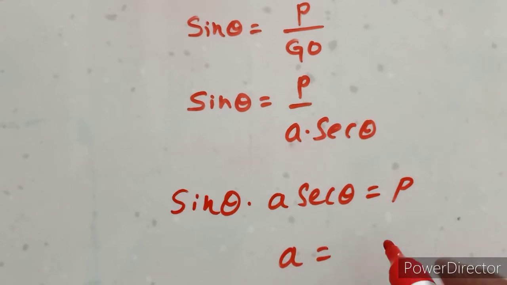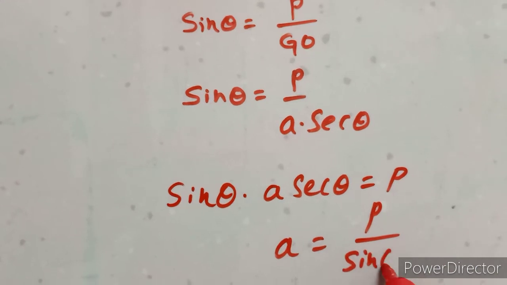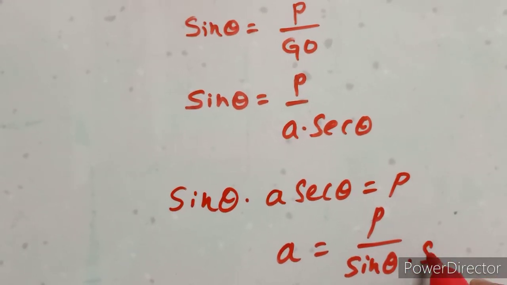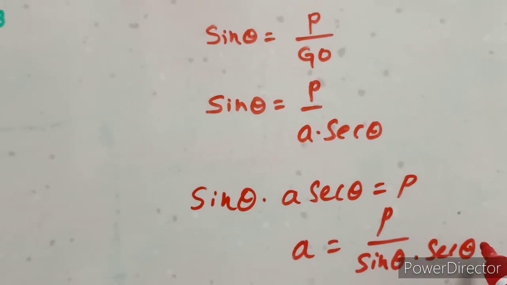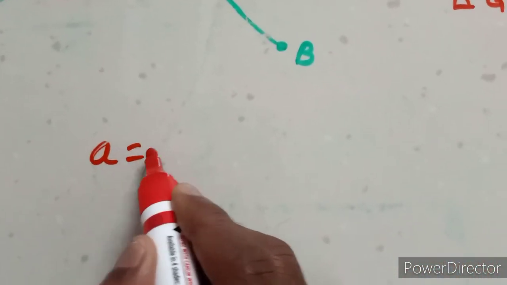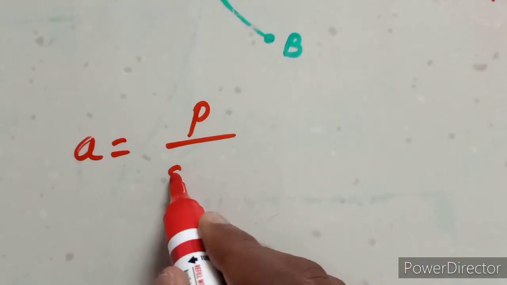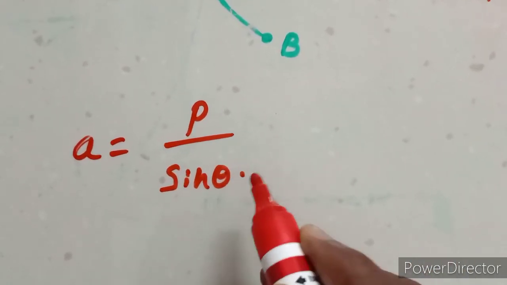Then a equals p upon sin theta into secant theta.